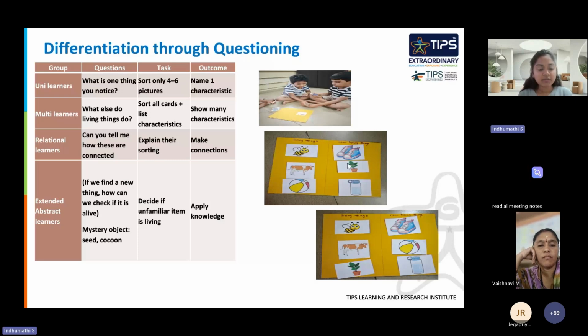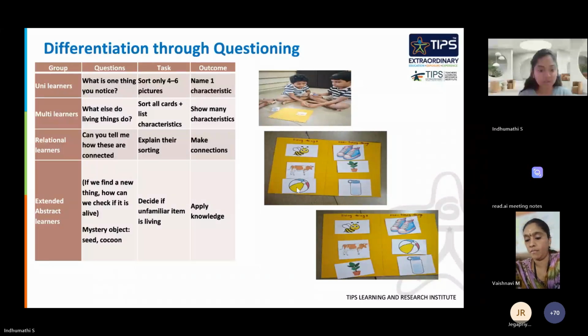When I asked the learner, do you think that a ball belongs to the living things? He said yes. I asked why? Because the ball is moving. So here the learner has one idea, a basic partial understanding: since the ball is moving, it belongs to the living things.